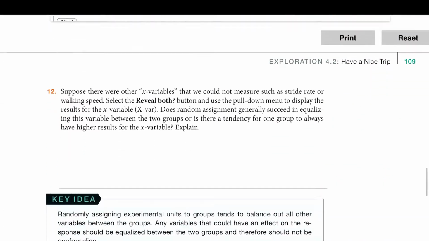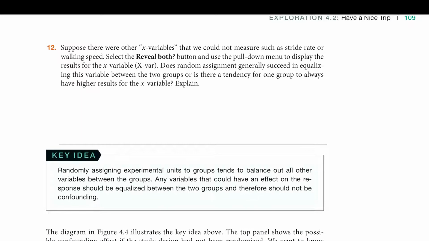All right, now let's look at number 12. Suppose there were other X variables that we could not measure, such as stride rate or walking speed. Select the Reveal Both button and use the pull-down menu to display the results for this X variable.